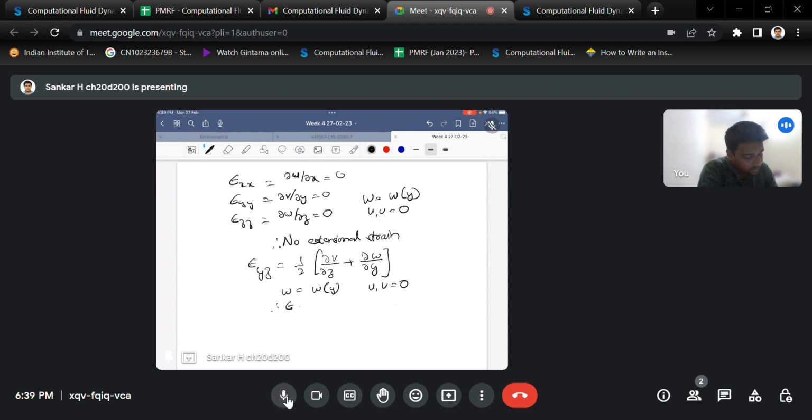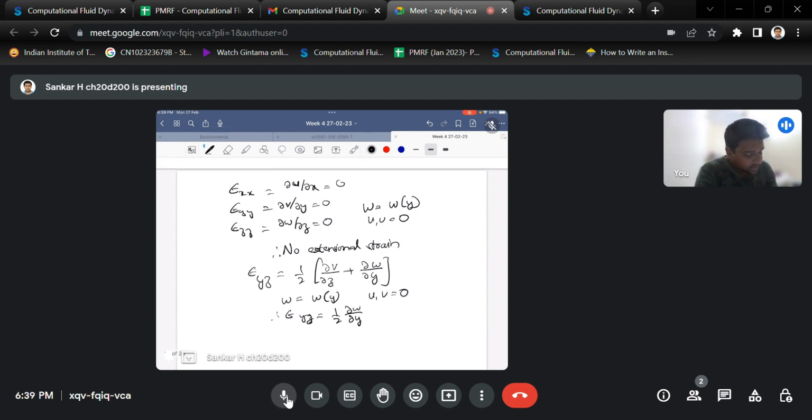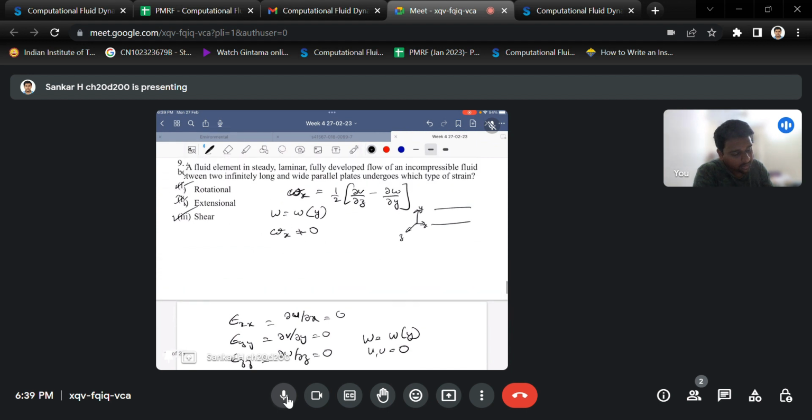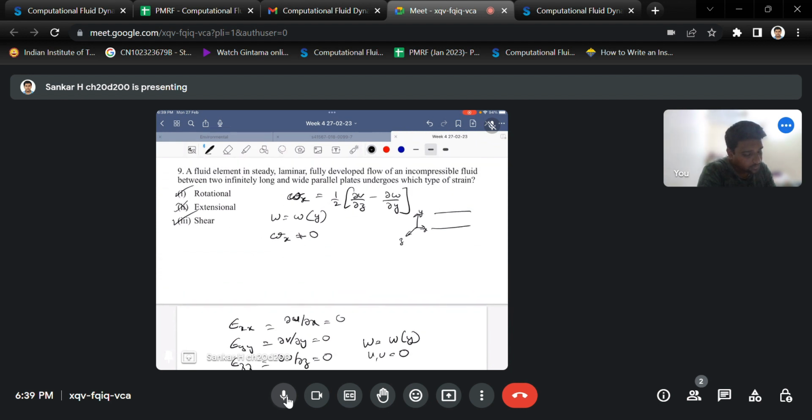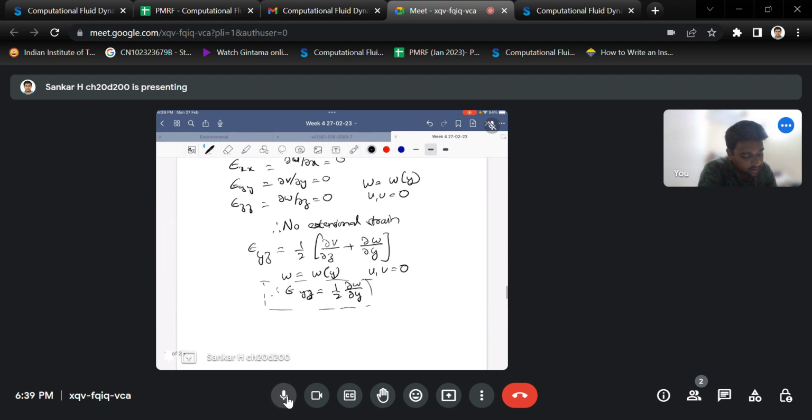Therefore, epsilon yz will have a component dou w by dou y. Although all the other terms, including epsilon xz, epsilon zx, epsilon xy and everything else, will be 0, there will be a certain component in this shear strain. Therefore, shear strain will not go to 0. There will exist a term for shear strain.